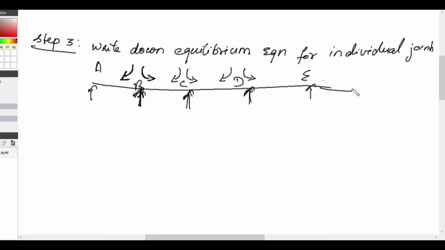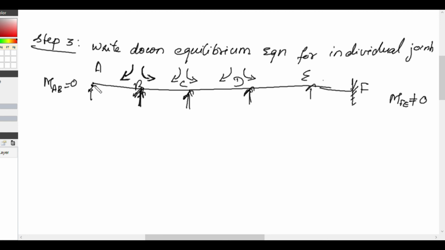And now see, if this is the end support, F is fixed. So MF is not equal to 0. Since the support at A is a simple support, MAB will be equal to 0. This is MFE. Okay, so these are the conditions you should remember now.